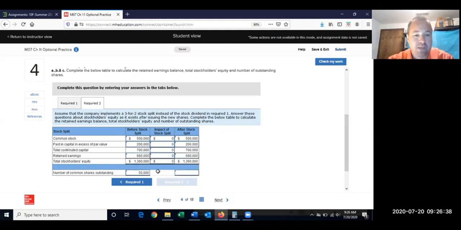Total number of shares outstanding, that did change. And that went to 25,000 more shares. Because remember, it was a 1.5 split. So they got an extra half a share, so half of the total. So this is the only number that changed.